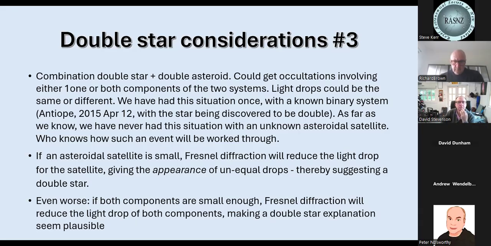There you've got to start looking at, well, from the light curves, what do I think the diameters might be? And you've probably got an iterative process to go through to try to figure out what the diameters are which will match the light curves, and to see whether, in fact, it's a satellite or a double star, or you can't decide.